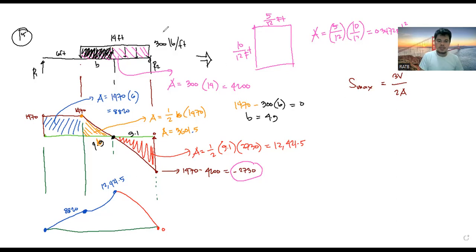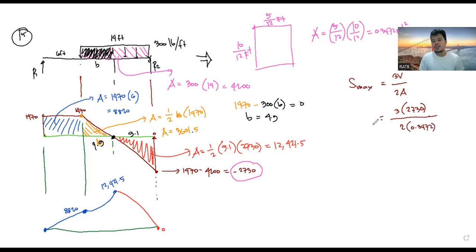Calculating for the maximum shear stress, that's equal to 3 times the maximum shear force, 2730. It does not matter if it is negative or positive; negative means it's below the reference line. So 2 times the area, 0.3472 feet square.